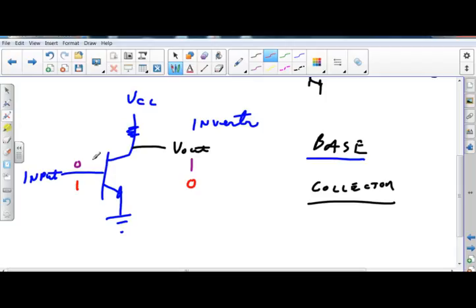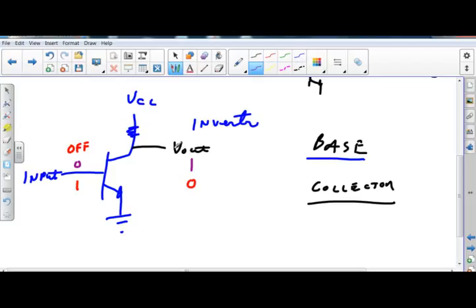So the transistor is off. When the transistor is off, whatever the voltage here is, the current goes through that resistor and comes out there. There's no current flowing, so I would have 5 volts on my output.